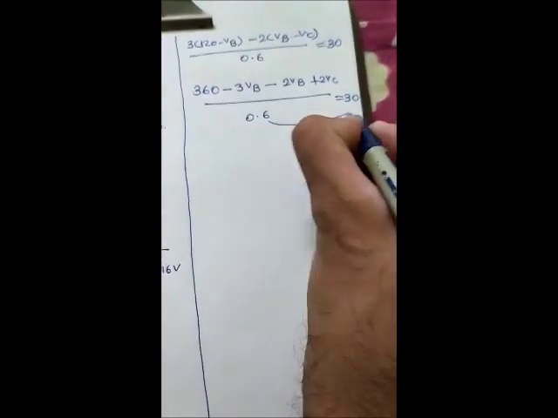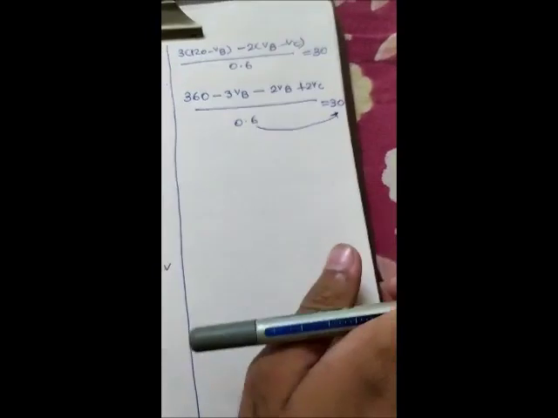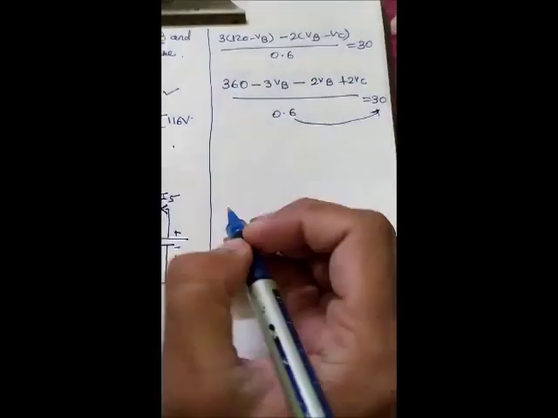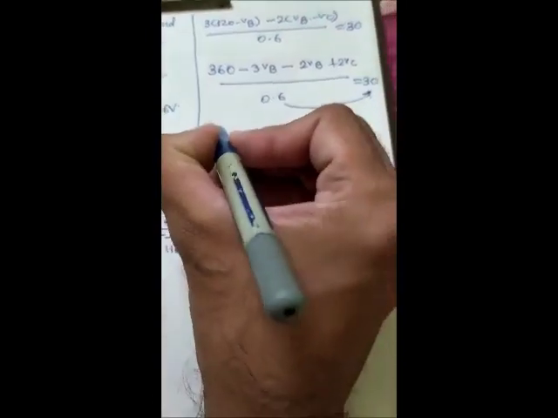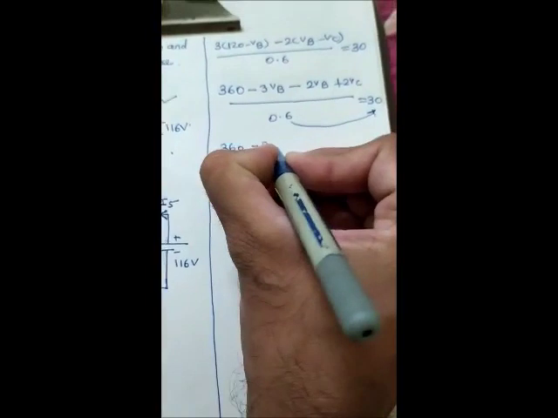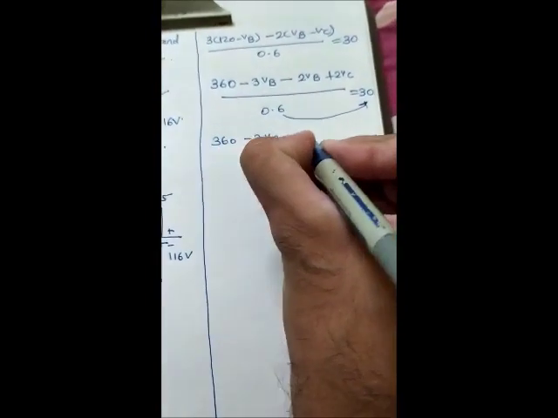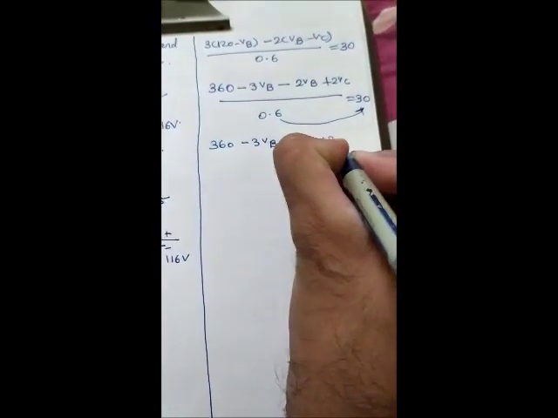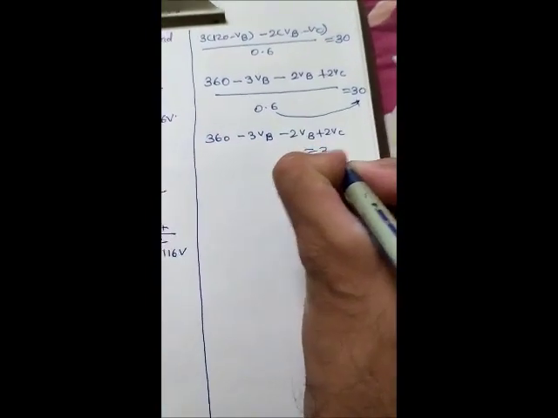Denominator मधला 0.6 right hand side ला multiply करा. Your equation becomes 360 minus 3VB minus 2VB plus 2VC is equal to 30 into 0.6.